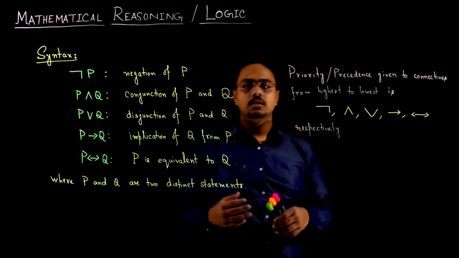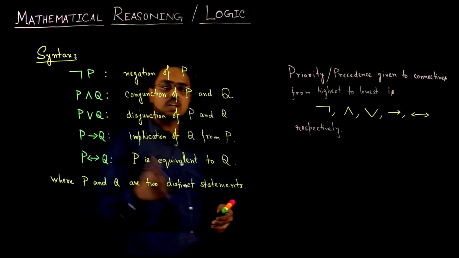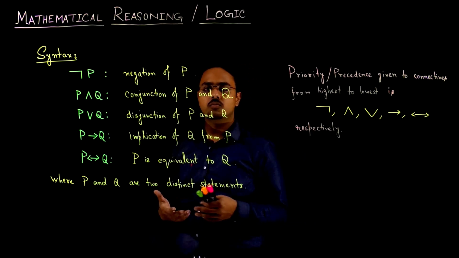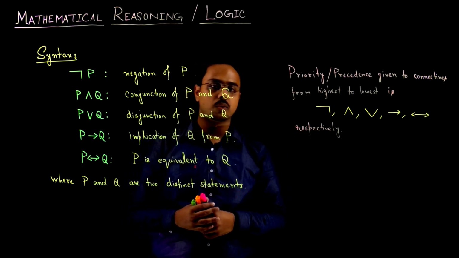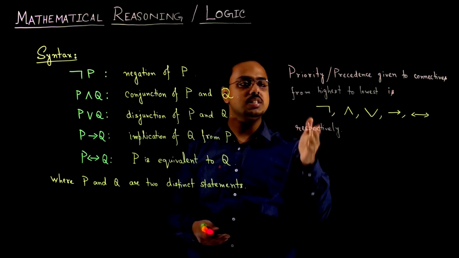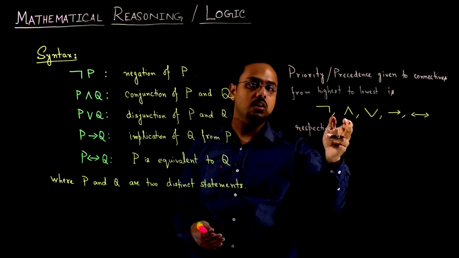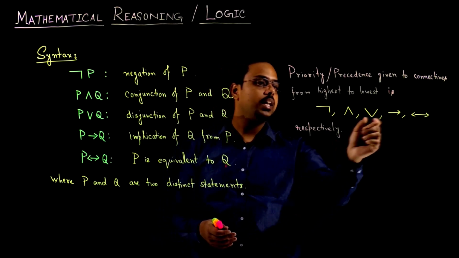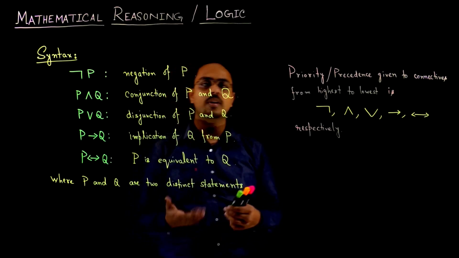Okay, and if in any case we find more than one connective in a single statement, then the order in which the connectives are given preference or precedence is this one. The ordering is done here from highest to lowest, that is, first we will consider the negation or the not statement, then the and or the conjunction statement, then the or, the disjunction statement, then the implication, and lastly the double implication or the equivalent statement.